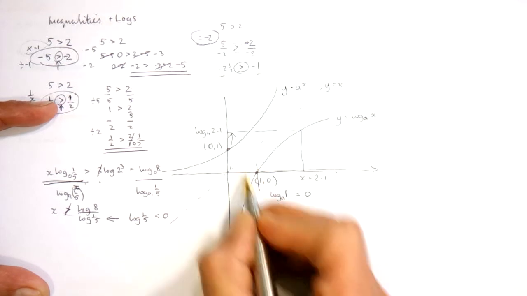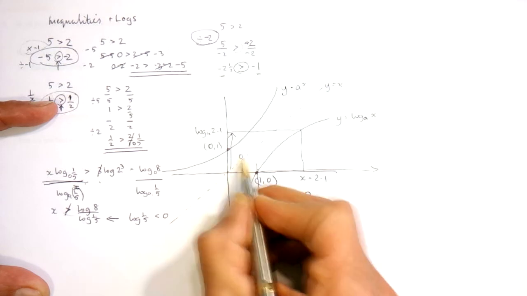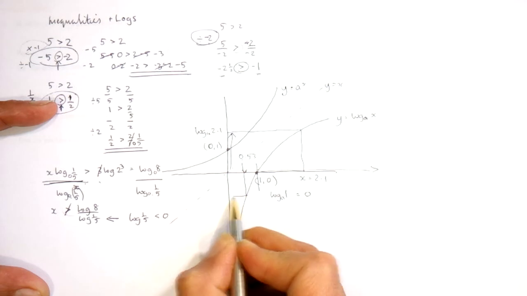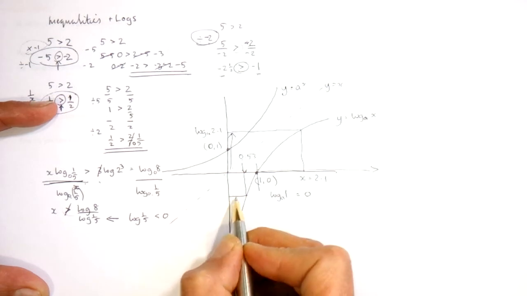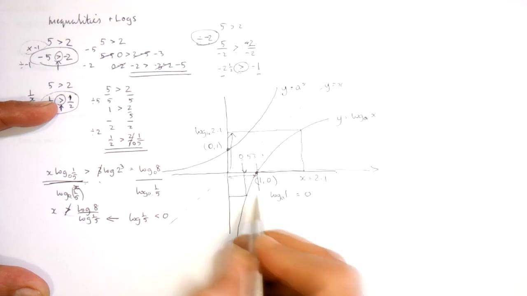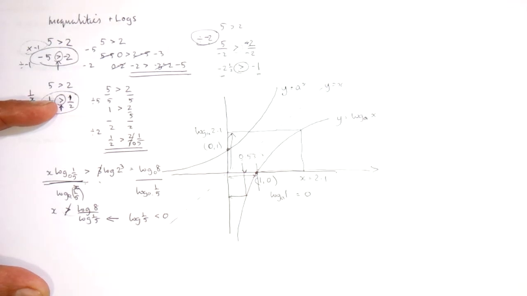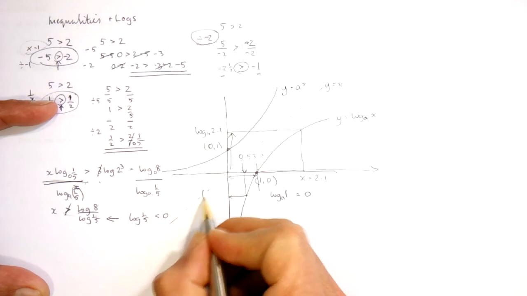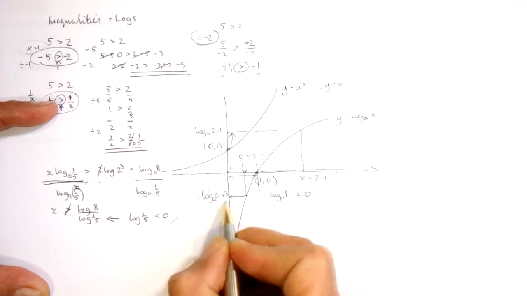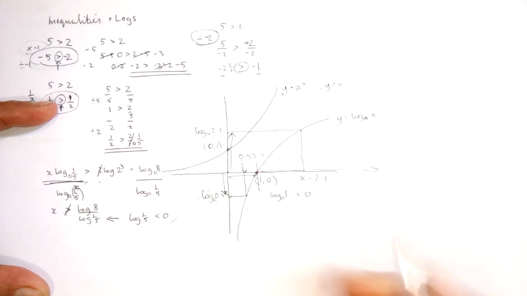When we choose x is, I don't know, 0.53, and we log any base of 0.53, because this number is between 0 and 1, then the y value will be log of 0.53, any base, and that will be less than 0.